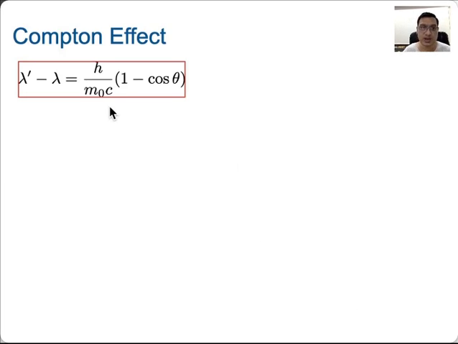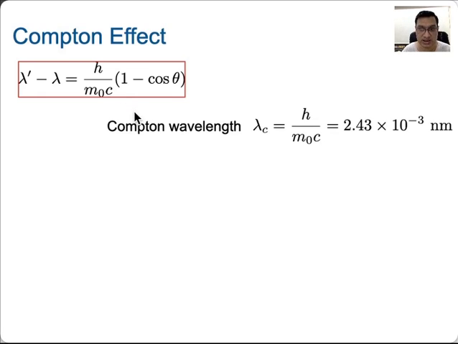So this is what you have obtained after employing the conservation of energy and conservation of momentum between a photon and an electron, and the photon momentum and the rest mass energy of an electron arise from the special theory of relativity.